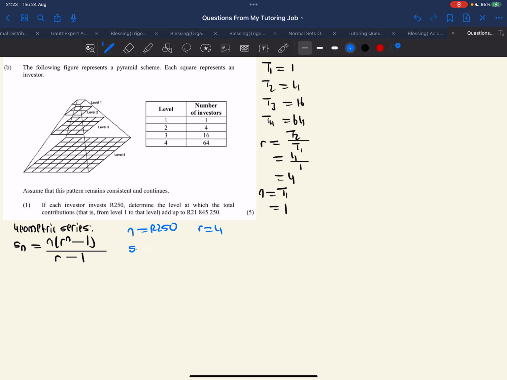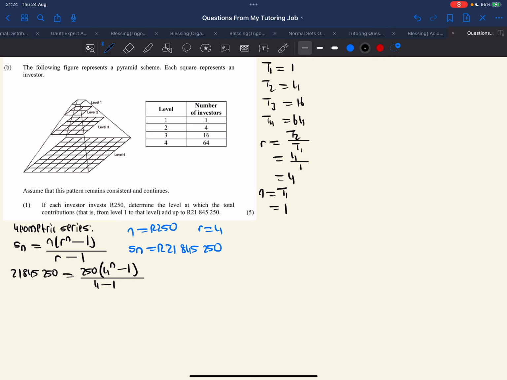And then our Sn basically is going to be 21,845,250 rand, right? Now, seeing that we have all those values, let's just substitute into the formula. So we're going to say 21,845,250 equals 250 (4^n minus 1) all over 4 minus 1.